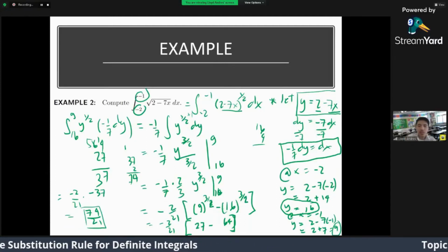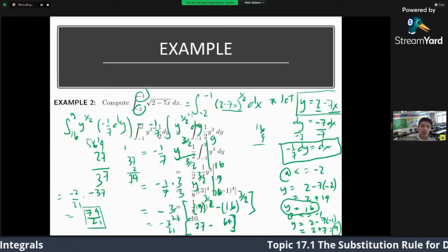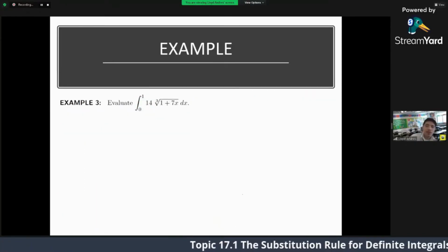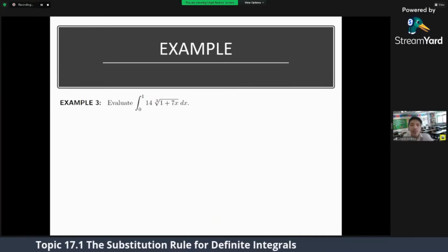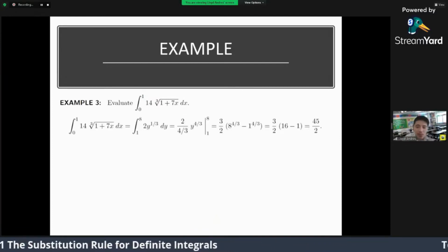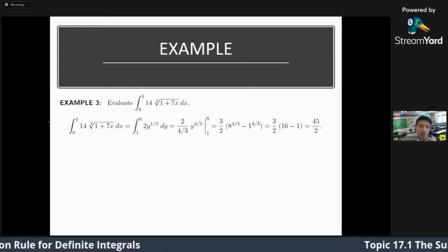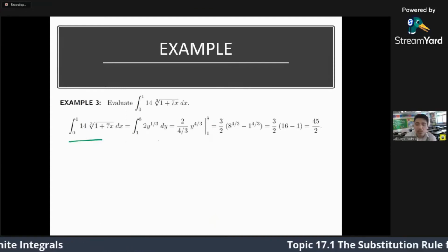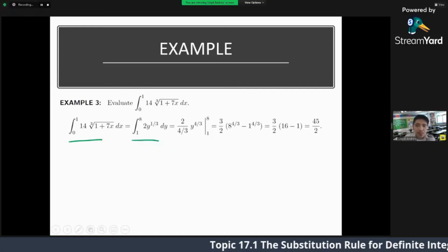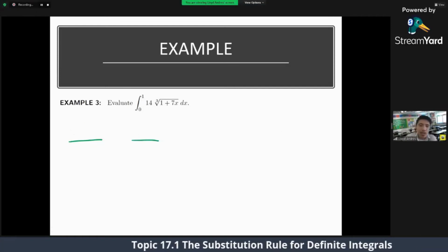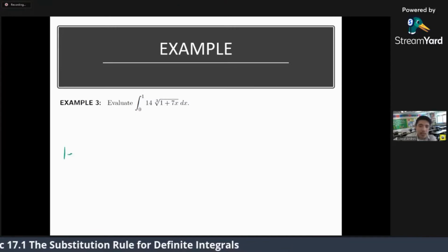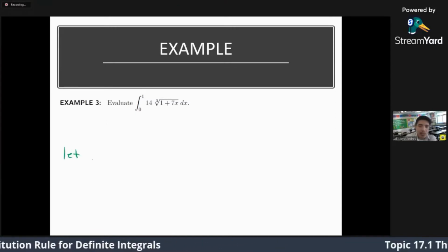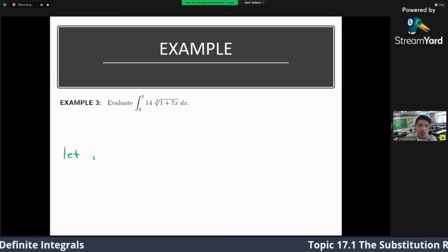So next, we have example 3. In example 3, it's also a substitution, but the question is, from here to here, what happened? So before that, let's do the substitution.